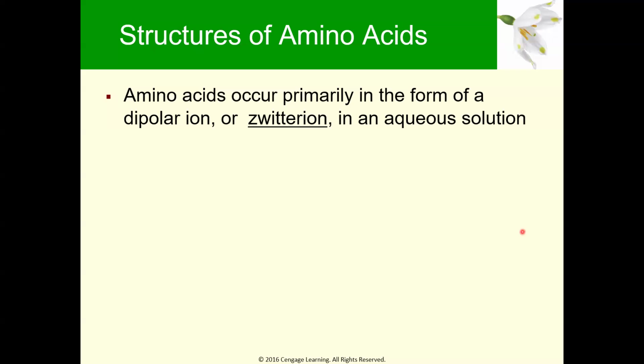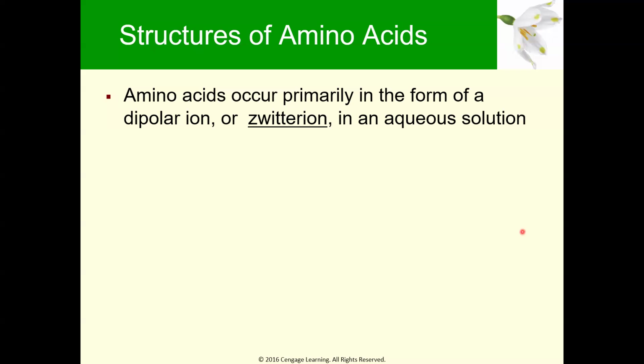There's a special name given to that: it's called a zwitterion. It's dipolar, so it's still neutral overall, but you've transferred that H+ over to the nitrogen, so that gets the formal positive charge, and you're left over with a carboxylate, which has a negative charge.